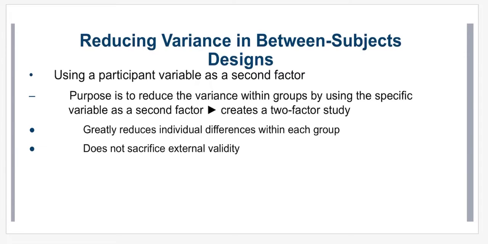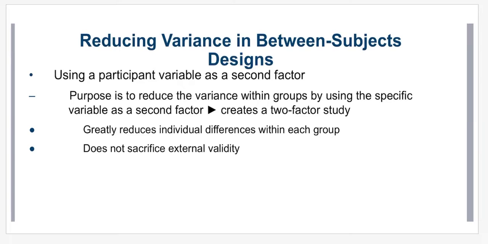One way to do that is using whatever participant variable you're worried about possibly causing that large variance within the groups. You can use that as a second factor, or a second independent variable, or if it's a participant variable, it's a quasi-independent variable.